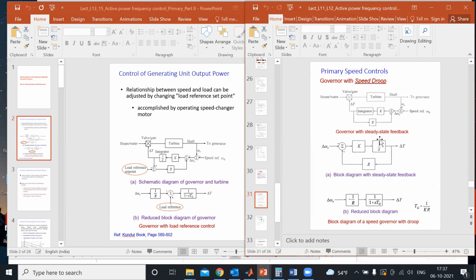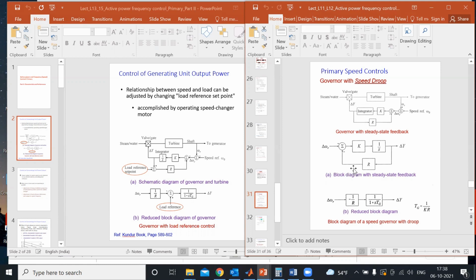So you had speed deviation, then the proportional integral, then you had, you can say, the feedback. So it is this one here from the output of this signal.